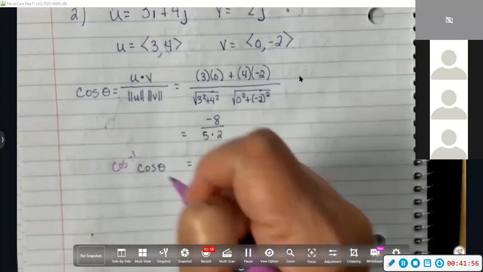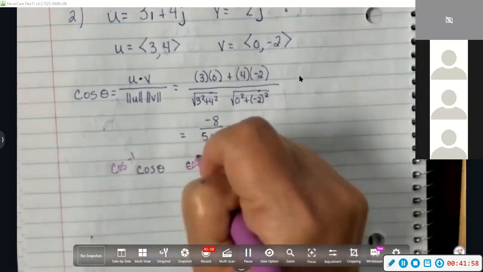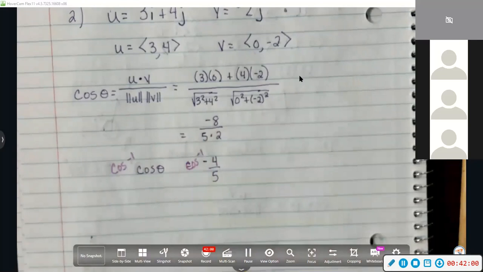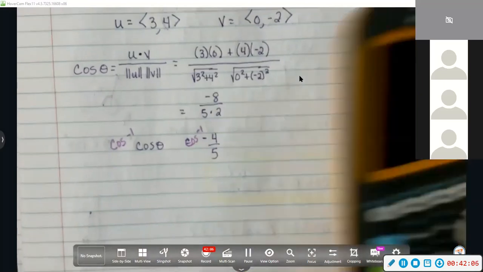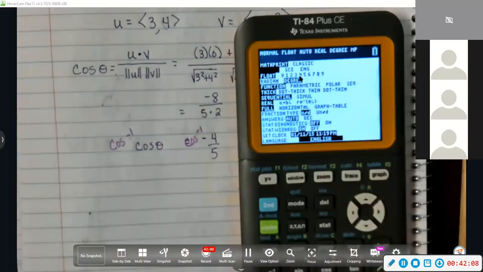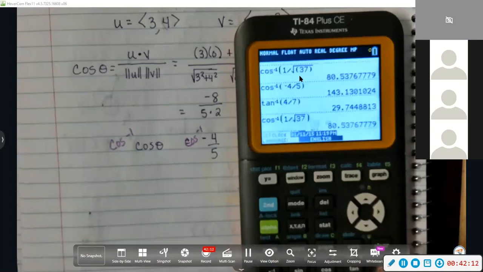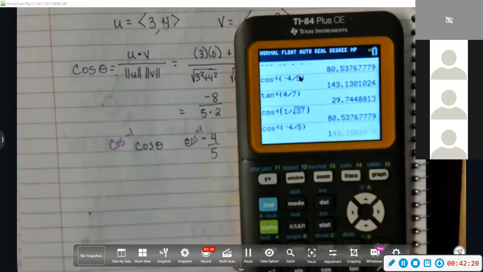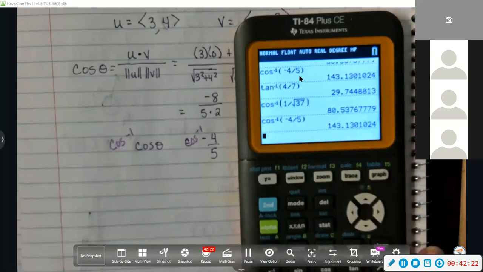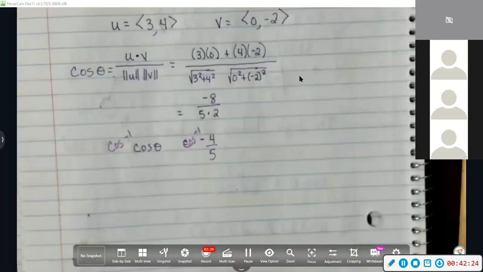So we will need to do the inverse cosine on both sides. We're going to get 143.13 degrees.